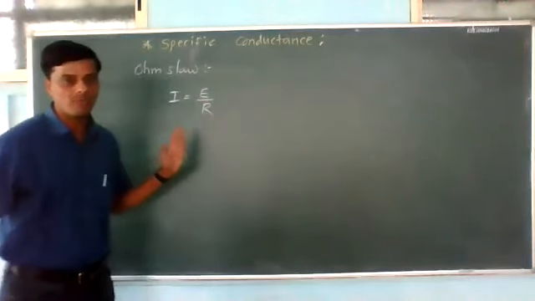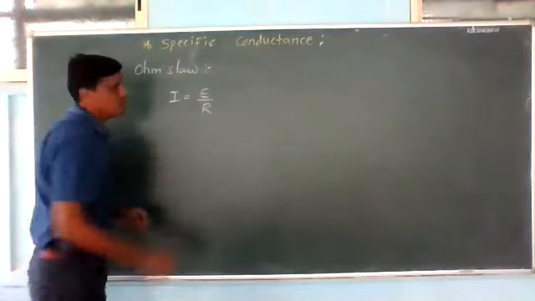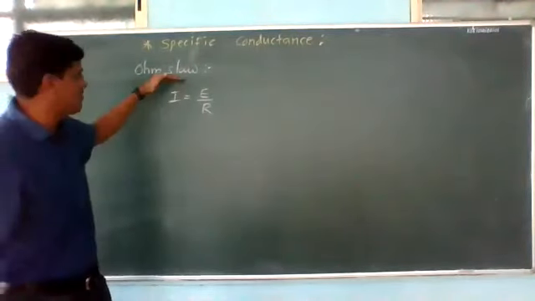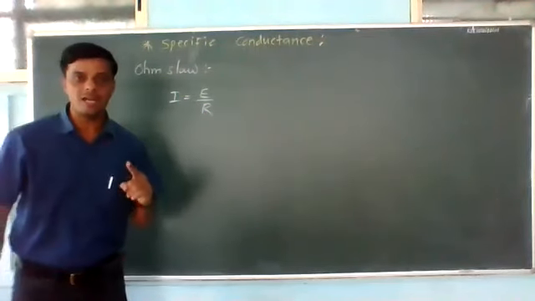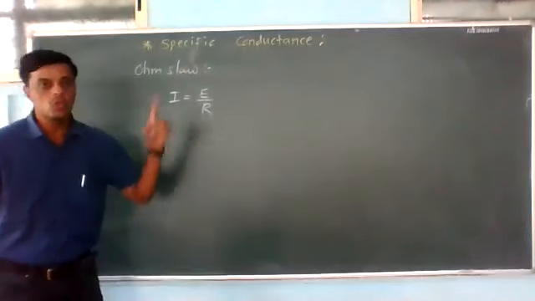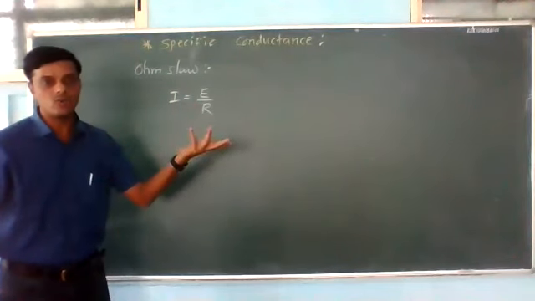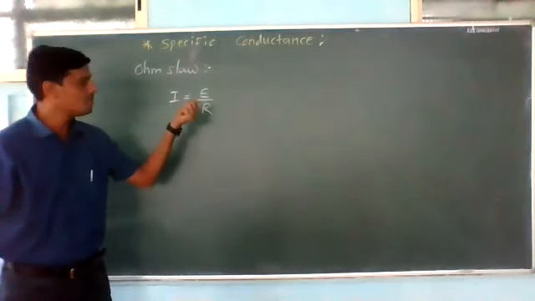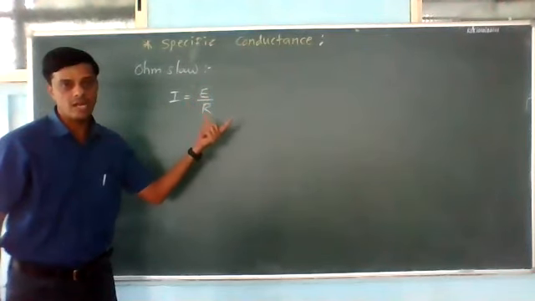Resistance of an electrolytic solution. This is Ohm's law. Once again I will repeat the statement. Ohm's law is stated as the amount of electric current passed through the solution is directly proportional to the electromotive force, or in other words, electromotive force is nothing but the potential difference between the two electrodes.